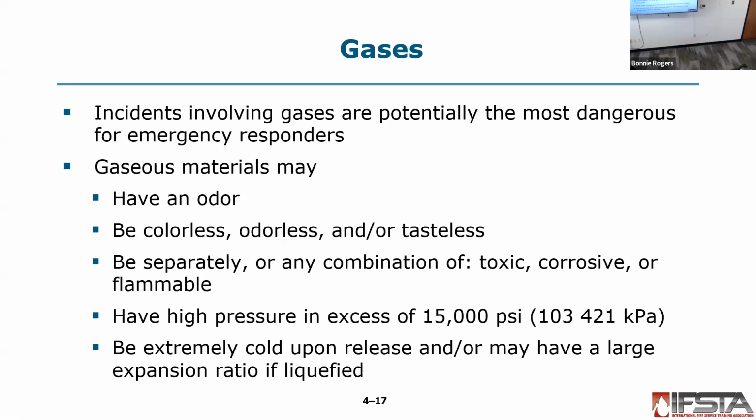Incidents involving gases are probably going to be the most dangerous. Some have an odor and some don't. They can be toxic, corrosive, flammable, and might be under high pressure. Some could be extremely cold, or when they come out of the container into the air, you have a great expansion ratio.